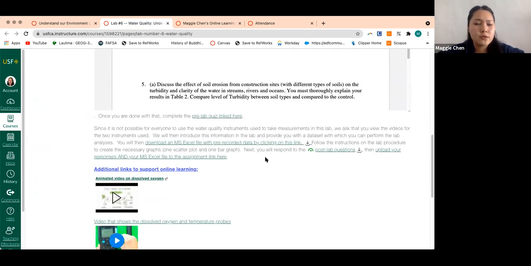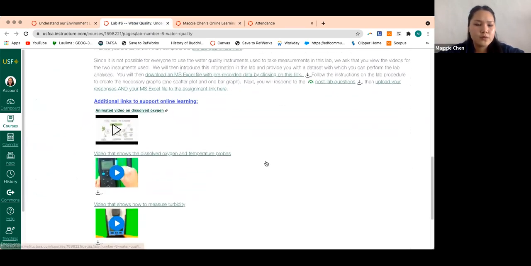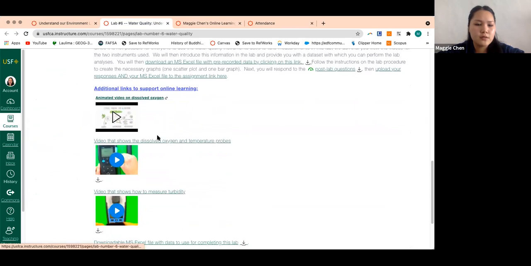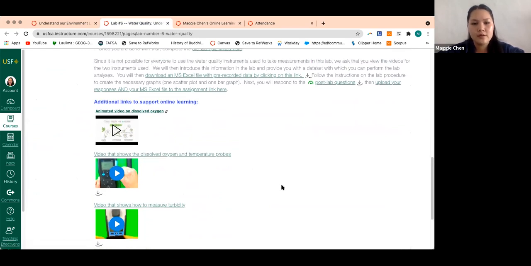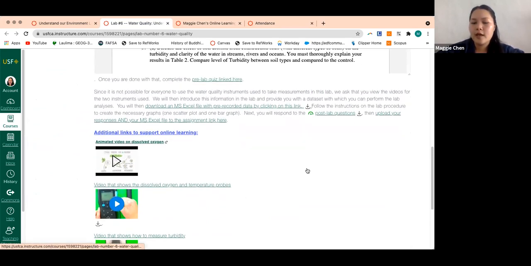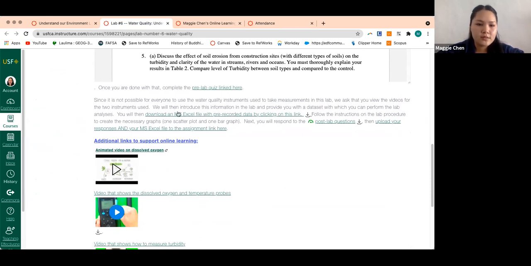If you continue to scroll down, we also see these are the 2 videos to look at how you measure DO and the turbidimeter, using the Hach meters and all of that. That's there for you to look at if you want, but this is the Microsoft Excel file that you would click on.